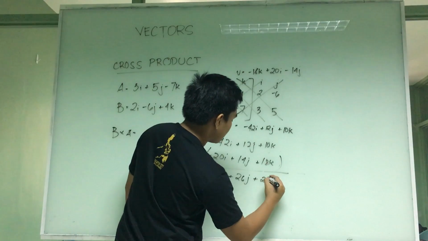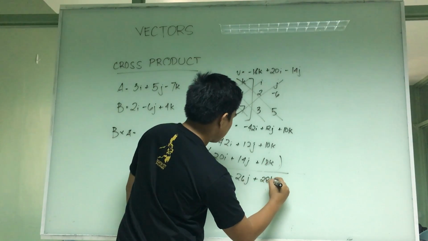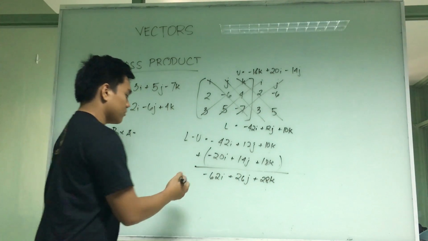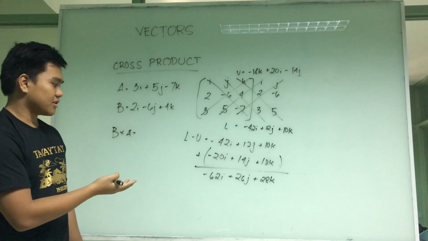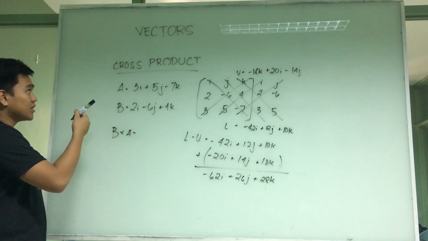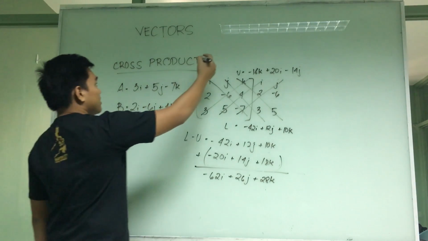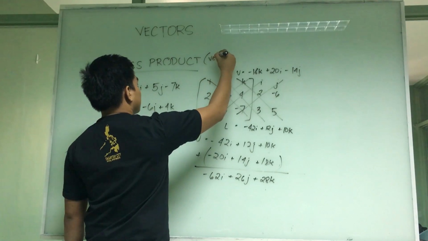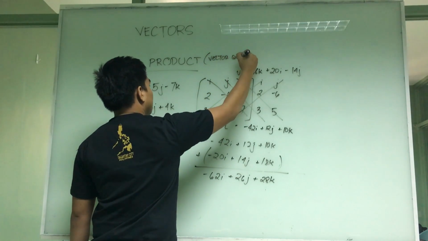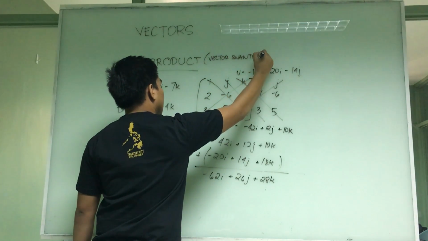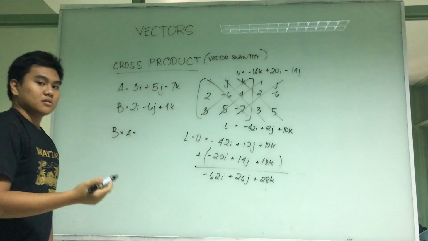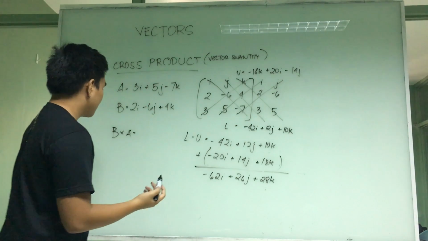26j and 28. Okay. If you notice, it's a different answer now because we're dealing with cross product, which is a vector quantity, which means direction always matters.